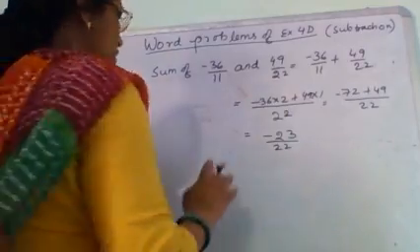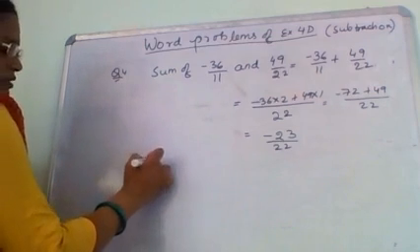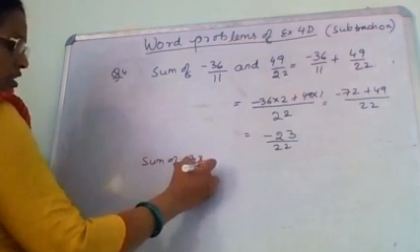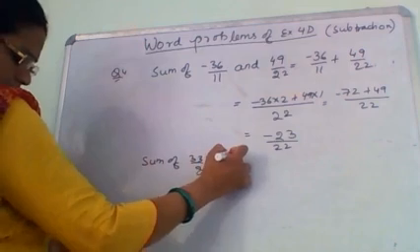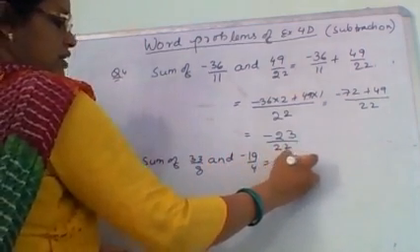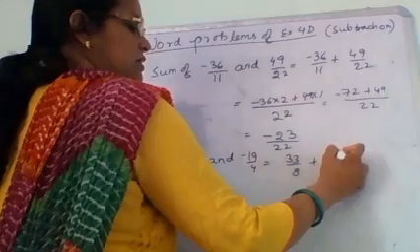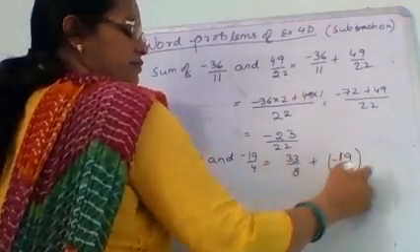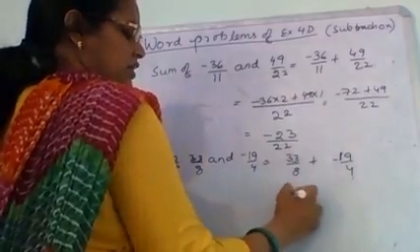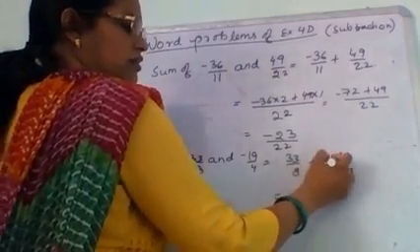Right? And from the sum of this and this, sum of 33 by 8 and minus 19 by 4. 33 by 8 plus minus 19 by 4. You need not have this sign, then you can have 33 by 8. We will make it standard because two signs are there.